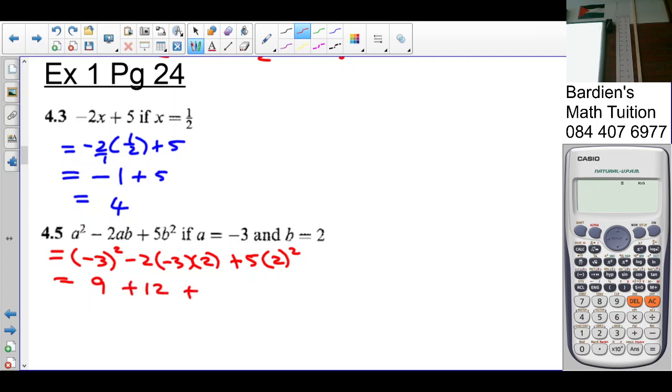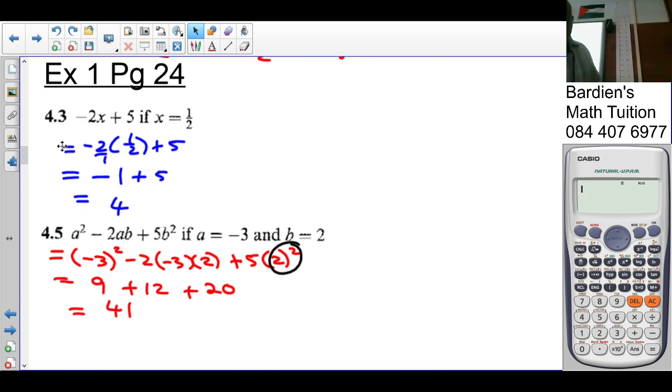Plus 2 squared is 4. And 4 times 5 is 20. 9 plus 12 is 21. Plus 20 is? Which makes 41 correct. Okay. Any confusion there? No?